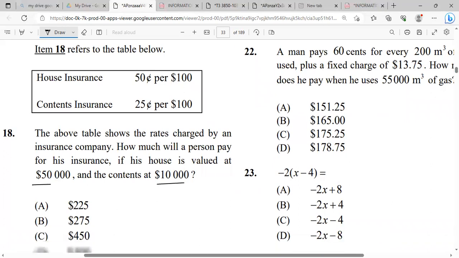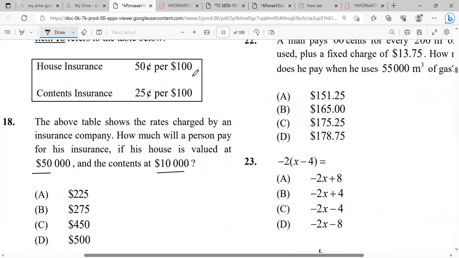All right, so since they give us the rating per $100, first we deal with the house, which is valued at 50 grand US, divided by 100, because we need to know how many 100s are in it, since they give us the rating there.